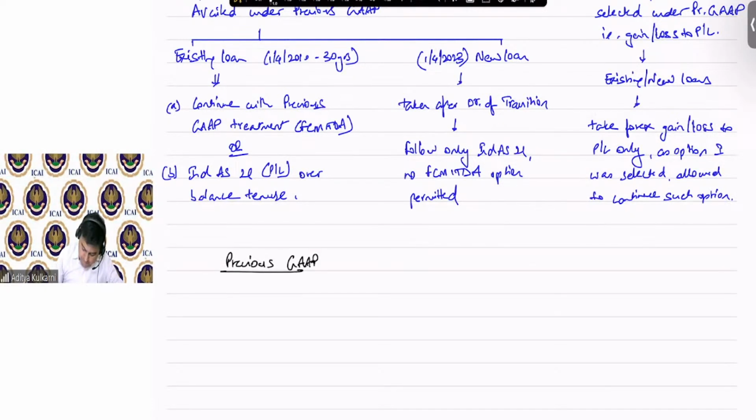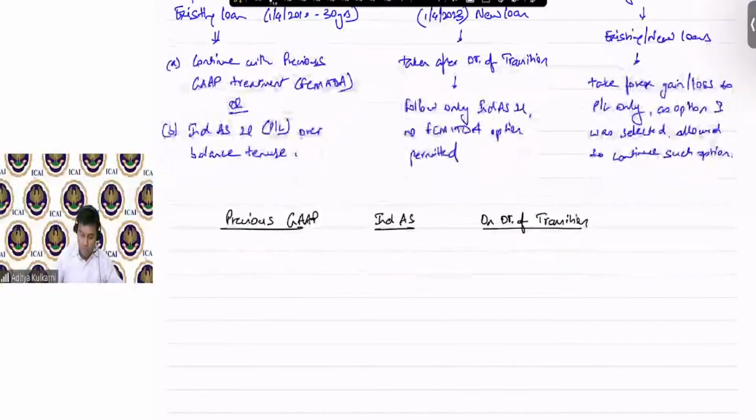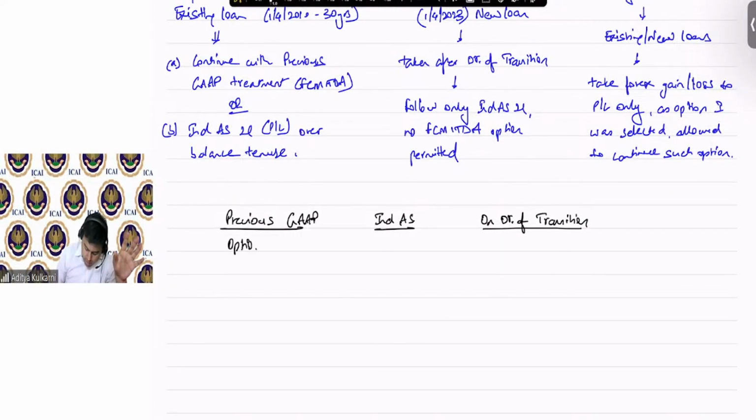Previous GAAP, Ind AS, on date of transition. Now, previous GAAP, I had gone for option 1.